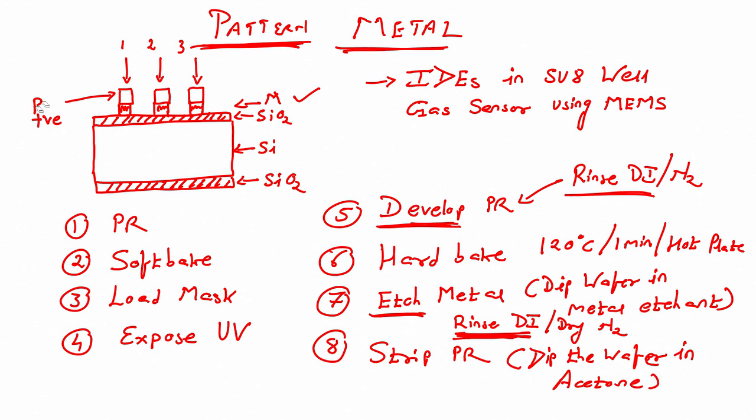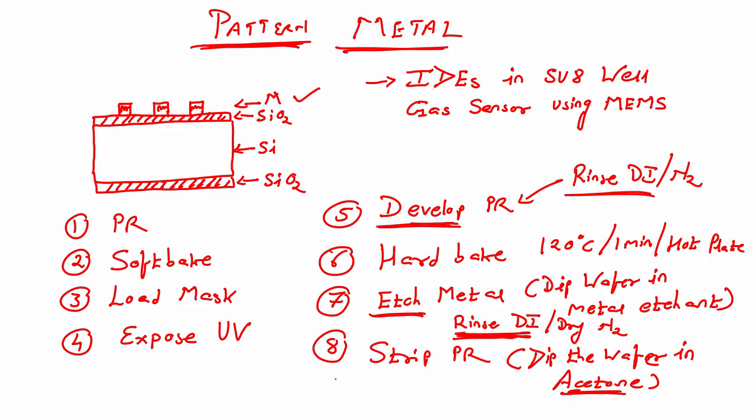What will happen when we dip the wafer in acetone? You will see that the photoresist will be stripped off. Again you see what is there? Acetone. That means you have to again rinse.